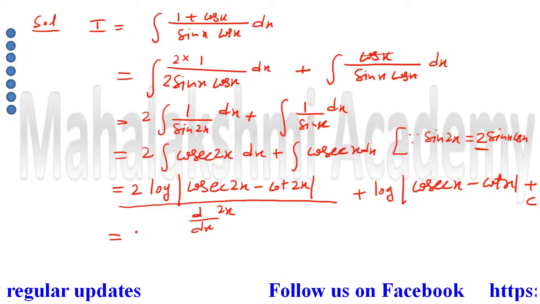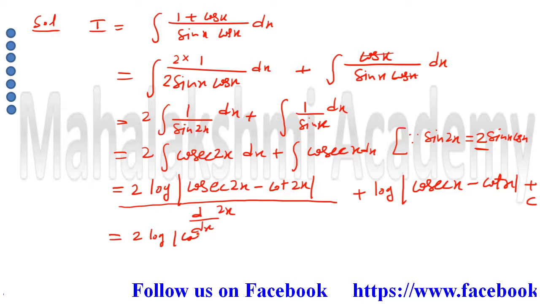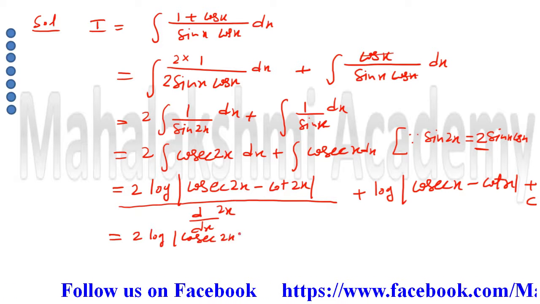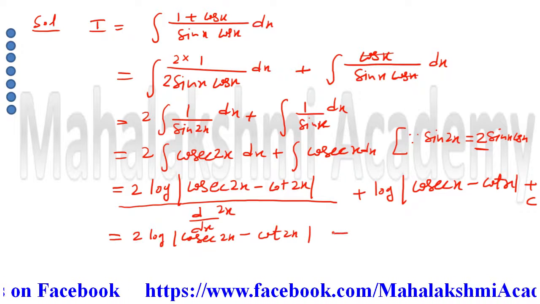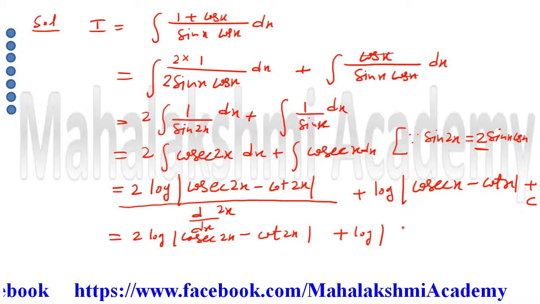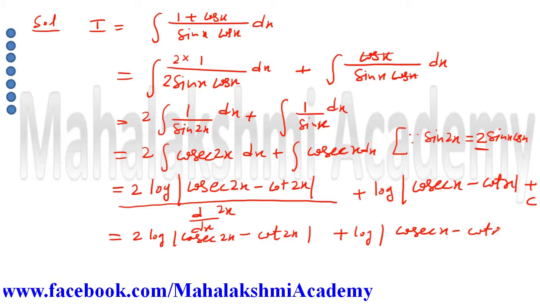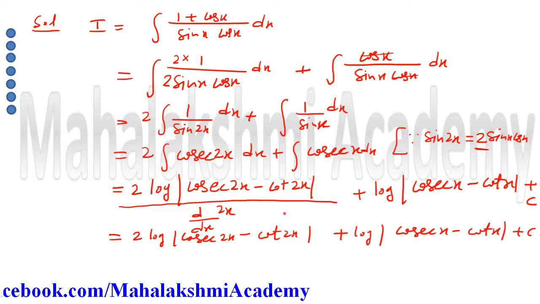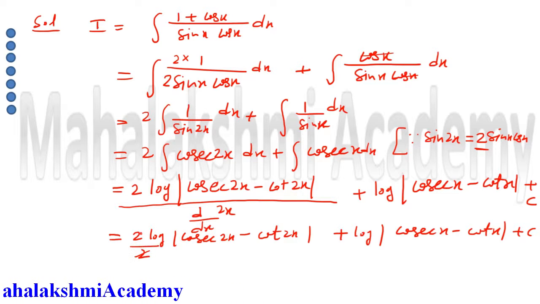So we will get here 2 log mod cosec 2x minus cot 2x plus log cosec x minus cot x plus c, and this differentiation answer is only 2, and that 2 will cancel with that 2.